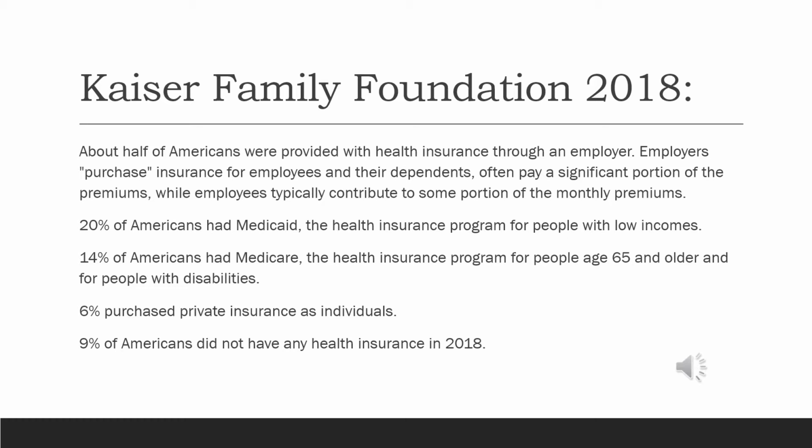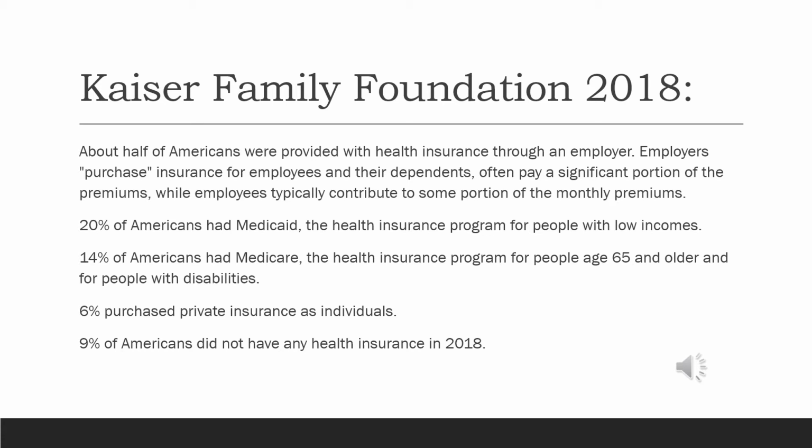So basically, employers purchase a huge group insurance, and employees will chip in for it. A small part of their paycheck will go to their own health insurance, while the employer pays the rest. So that's about half of Americans.